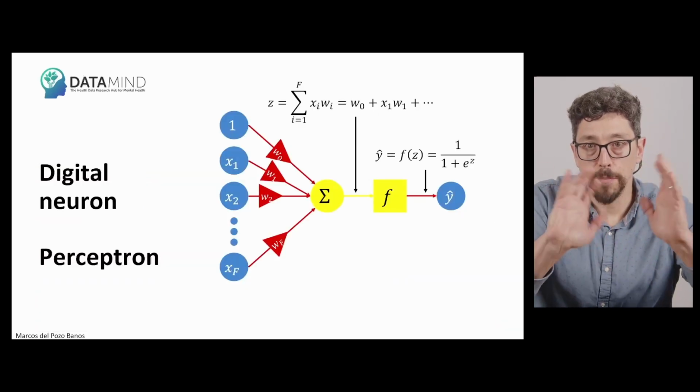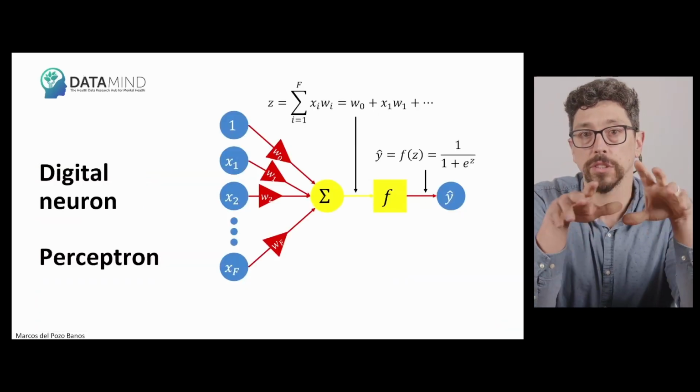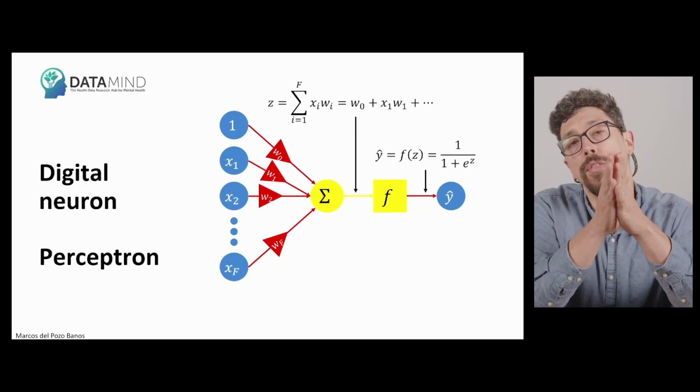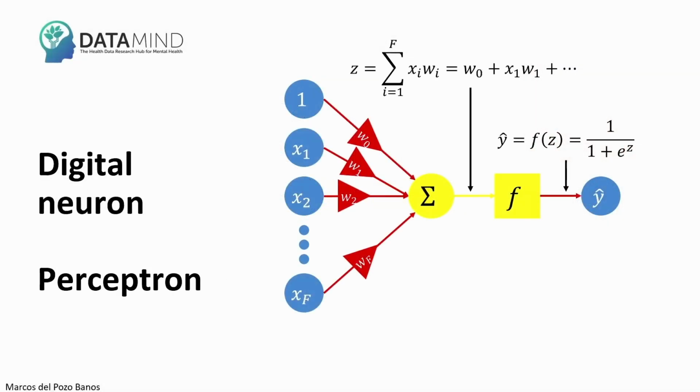Now, to demystify the maths behind the perceptron, let's see what happens if we use a logistic activation function. So there in the slide, I have expanded that intermediate value z, so that it looks like W0 plus x1 times W1 plus x2 times W2, etc. And now if we set the activation function to the logistic function, we get 1 divided by 1 plus the exponential of minus z.